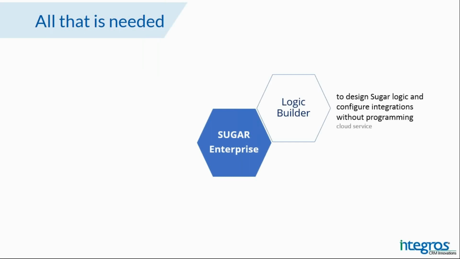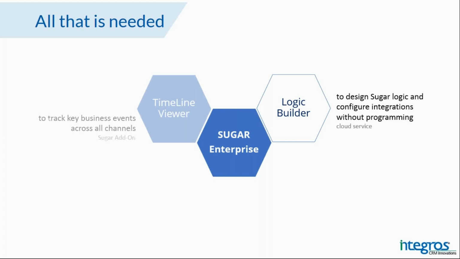So, what do you need for this solution? Of course, it is the platform, Sugar Enterprise in this case, because we use advanced workflow to design processes to follow our predefined scenarios. We'll also need a logic builder to design Sugar logic and configure integration that will enhance the advanced workflow capabilities.